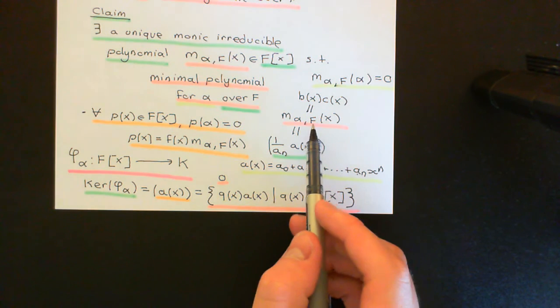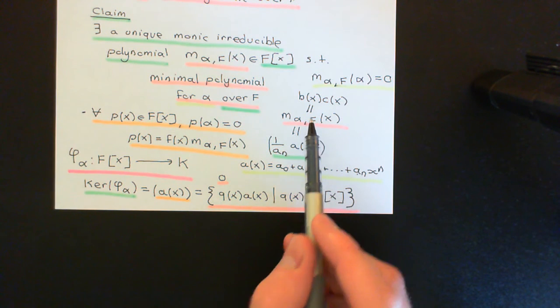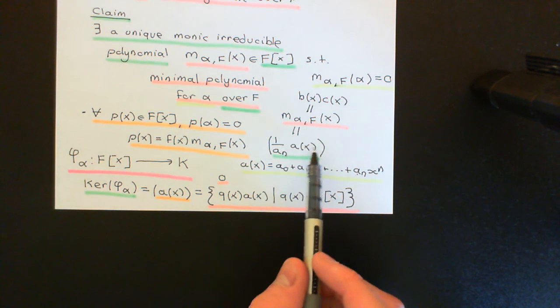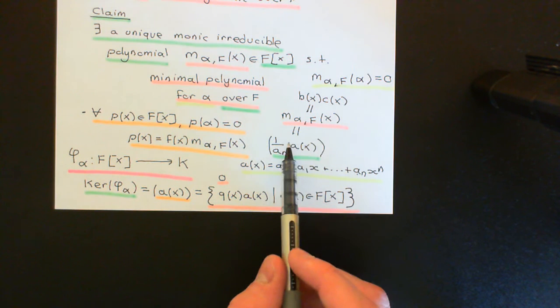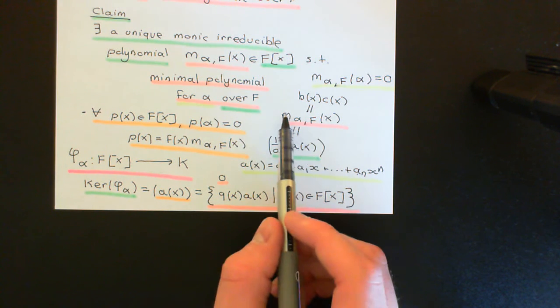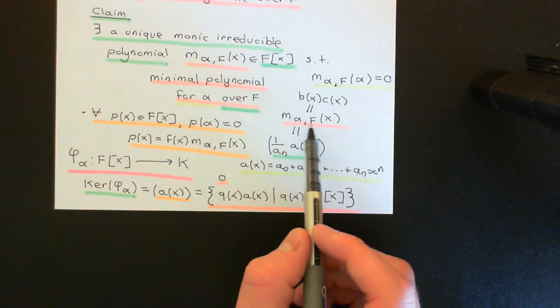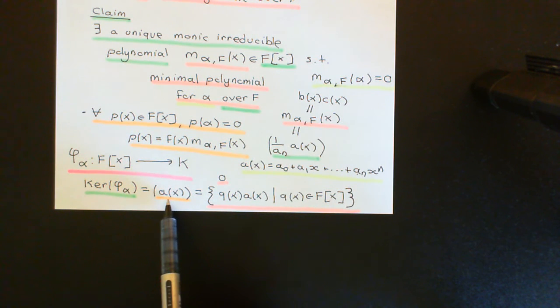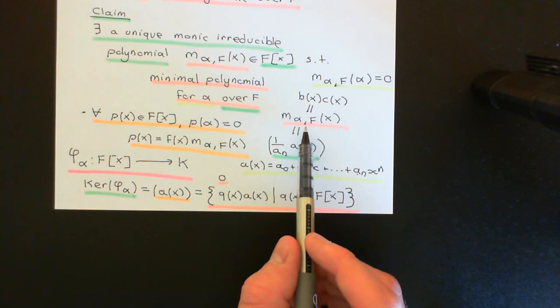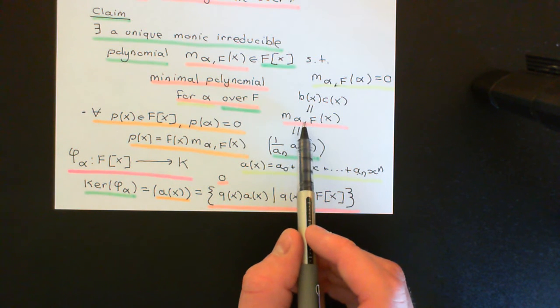So this is irreducible, and so are all of its associates, all the other polynomials in this kernel which have the same degree as it, so all of the constant polynomials times this. Such as a of x initially was, an associate of this, that was just a_n times this.